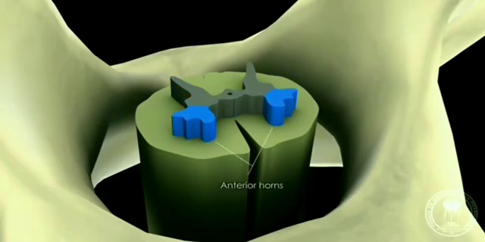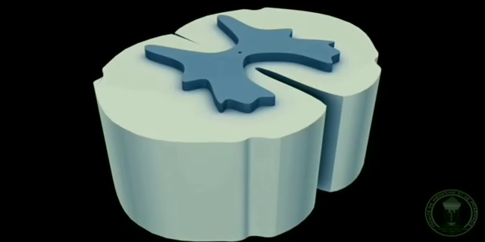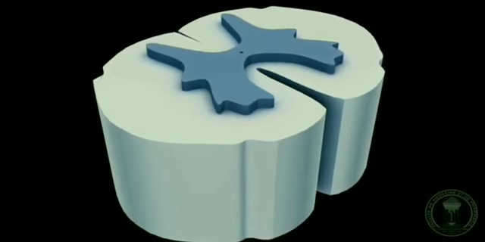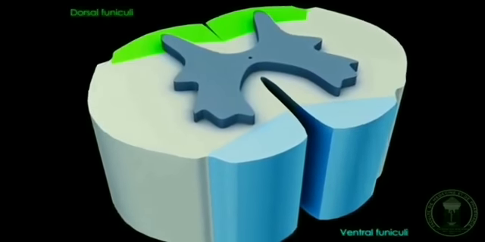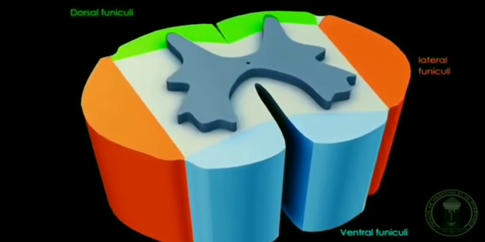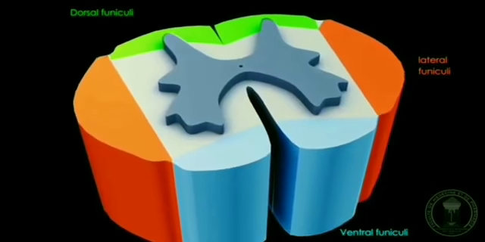Fissures divide the grey matter into 6 horns, namely ventral horn, dorsal horn, lateral horns. The white matter is on the outer side. It is divisible into 6 columns or funiculi, namely dorsal, lateral and ventral funiculi.